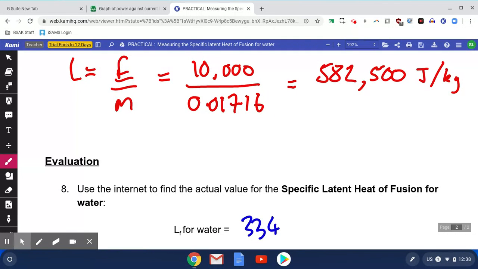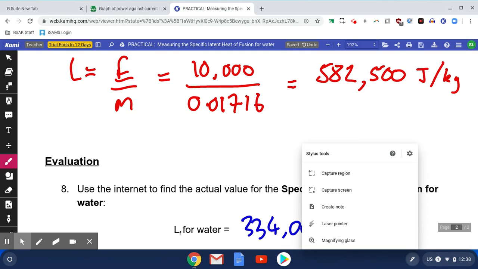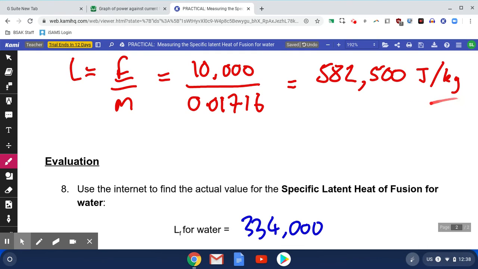A few of you found 334 kilojoules per kilogram, and you just wrote 334. But we have to have the same units here. So it's 334,000 joules per kilogram.